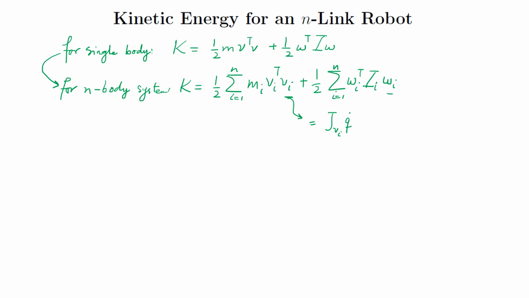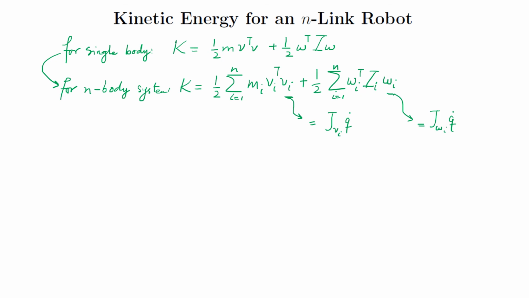And similarly for omega, you identified that this was equal to the angular velocity Jacobian part times the joint velocities. So if I can plug in these expressions instead of the velocities, I can make use of the joint velocities, which is going to become easy for me because I'm going to have encoders placed on the joints, and I can find the velocities from there.